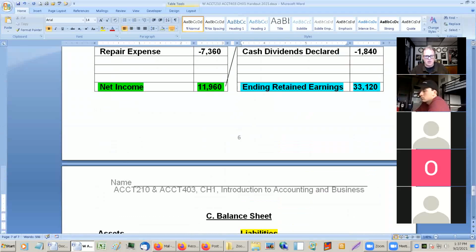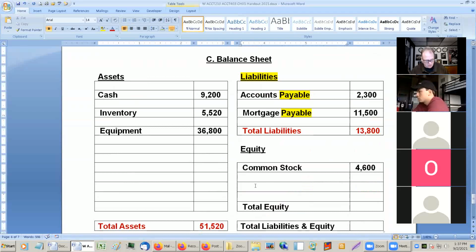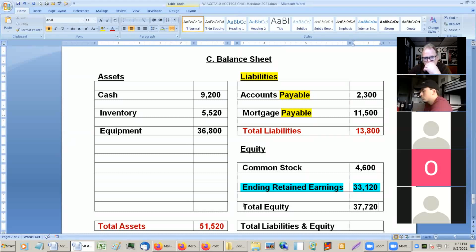The ending retained earnings. So this should be for the 37,720. And hopefully, we add these two up.